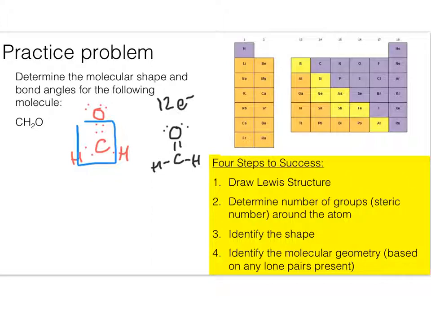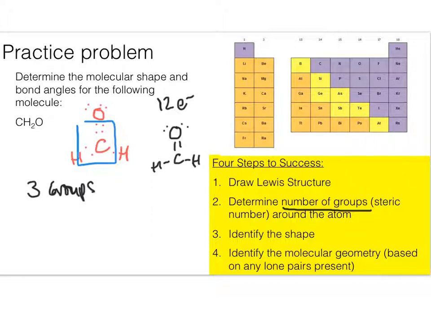Okay, so we could look at the shape of both carbon and oxygen. Let's look at just the shape of carbon right here, and we're going to determine the number of groups around the atom. And so even though we have 4 bonds, we only have 3 groups around it. So we have 3 groups.